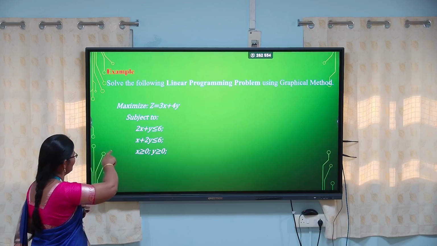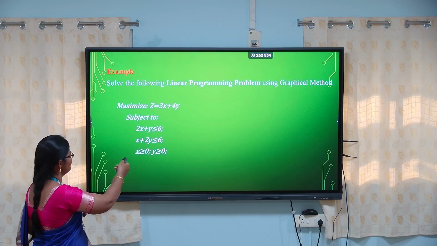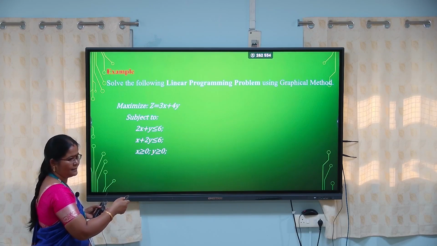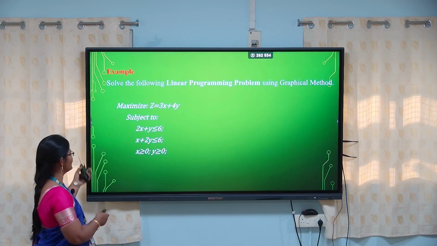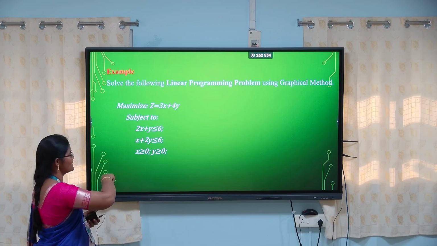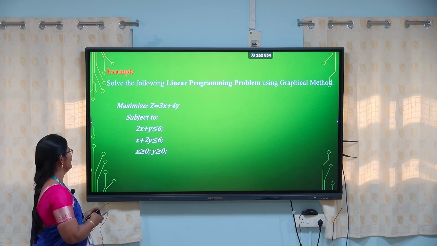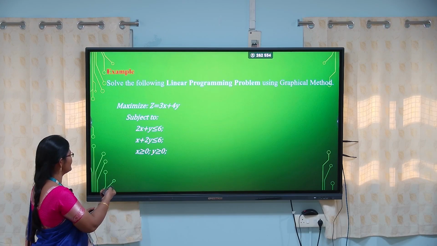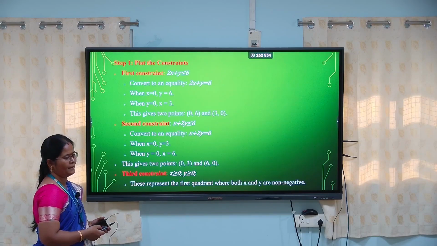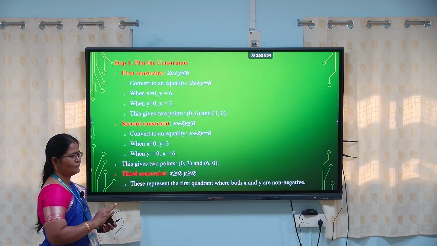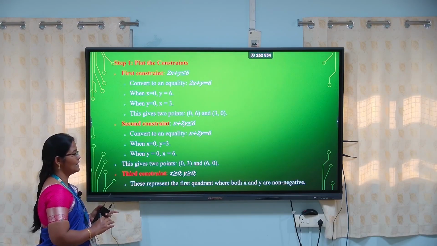This is a linear programming problem. Maximization of z equals 3x plus 4y is the objective function, and 2x plus y less than or equal to 6 and x plus 2y less than or equal to 6 are the constraints, and x greater than or equal to 0, y greater than or equal to 0 are the non-negative restrictions. In the graphical method, there are 4 steps.